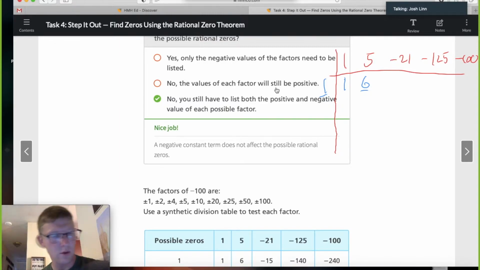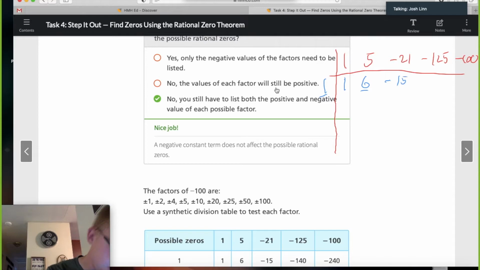So negative 21 minus 6, or however you want to do it. So negative 15. Yes, I'm cheating because I grabbed a calculator. Negative 15 times 1 is negative 15. So add that to negative 125. That's negative 140. Negative 140 times 1, negative 140. Add that to negative 100. It is negative 240.